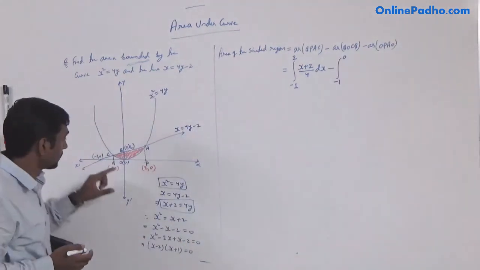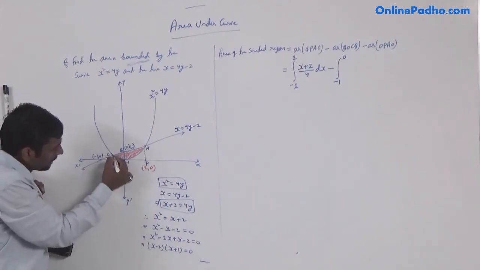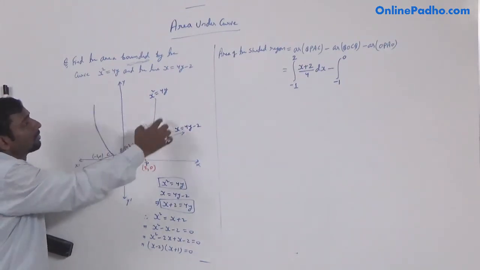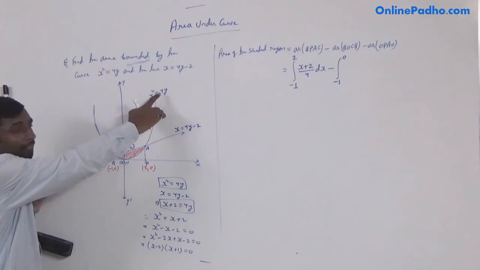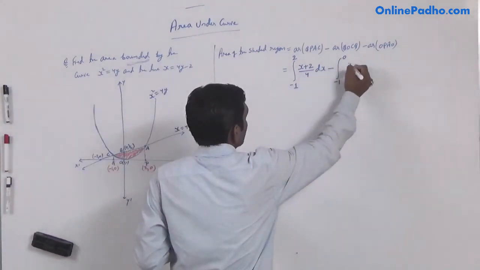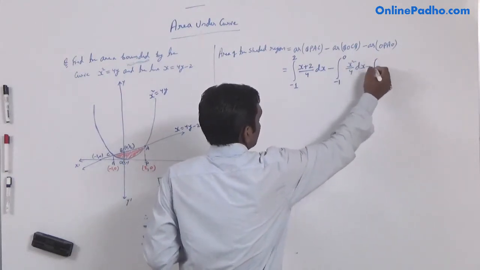And what is the curve in this? This is the curve. We have to find the area under this curve, and this curve is called x square equal to 4y. And y in terms of x can be written as x square by 4 with respect to x, right?